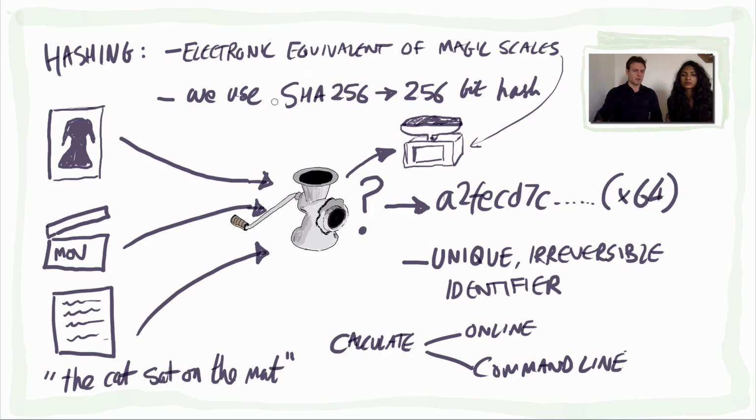this hashing algorithm is basically an electronic equivalent of our magic scales, right? So what we're saying is anything that can be represented electronically as a digital asset, it could be a photo, a movie file, a text document, or just a string of characters, you can put it through this mathematical function called a SHA-256 hash.